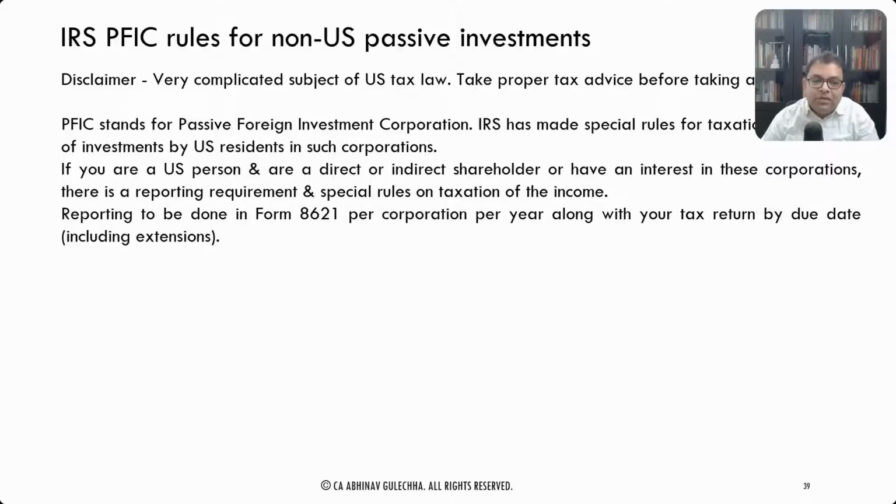If you have taken an extension on your tax return, it is either by the due date of the return, which is like April 15th every year, or by the extension, whatever time that you have taken the extension, generally 6 months. So, this report has to be filed along with the tax return per corporation per year. That means if there are five mutual funds, then five reports along with your tax return.